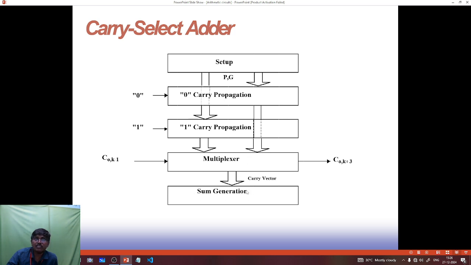Based on the selection of carry, we decide whether to process the carry or neglect it, whether we have to process or propagate. Finally it is given to a multiplexer, the multiplexer will select, and finally we get the carry output and sum generation output.